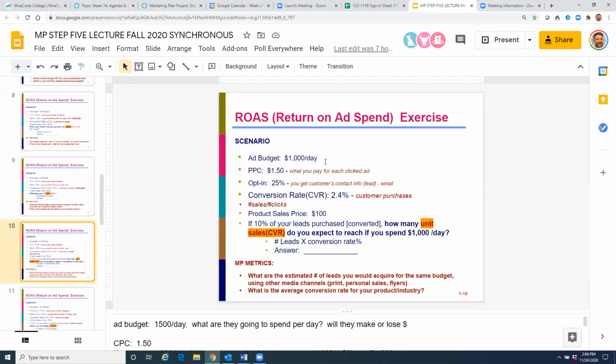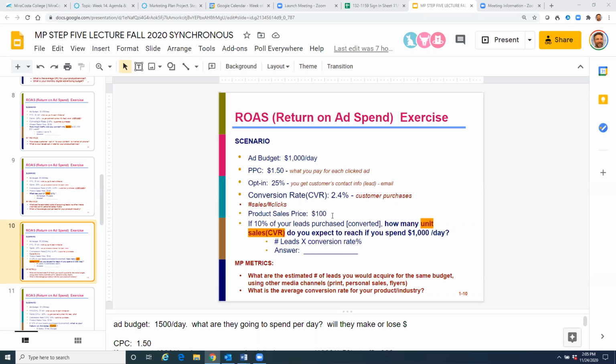We know the pay-per-click is $1.50. We know our opt-in is 25%. And we now know that 2.4% of the leads that we acquire, which was 167, are actually going to buy something.